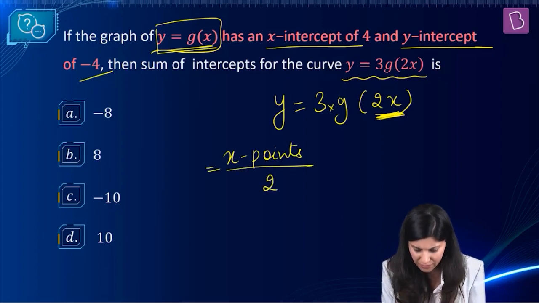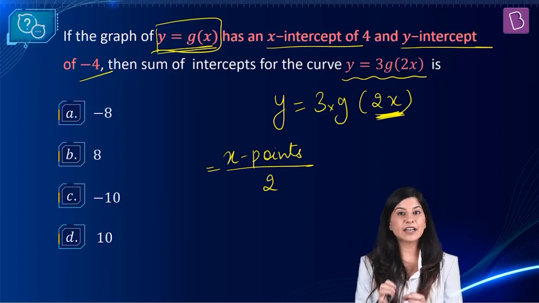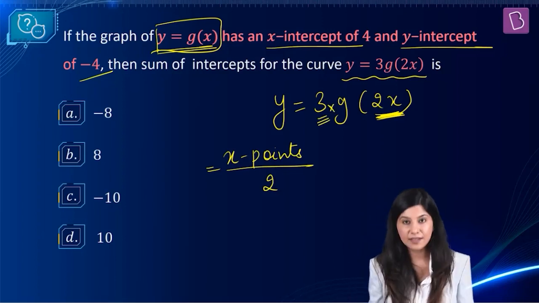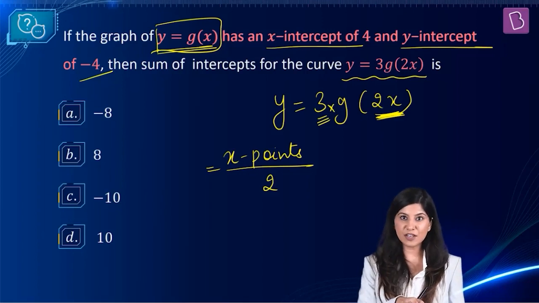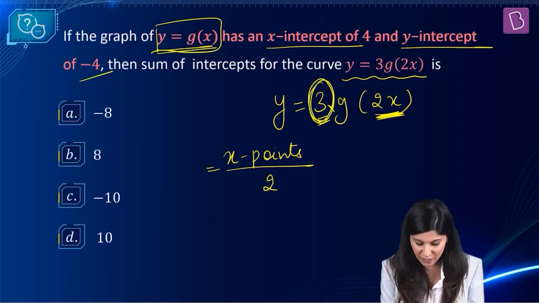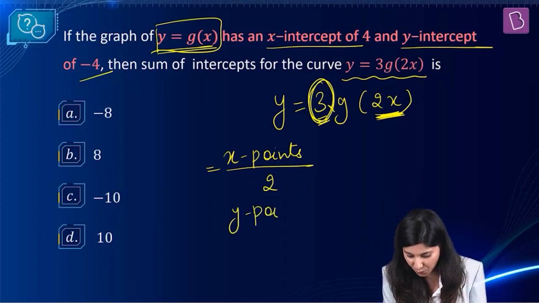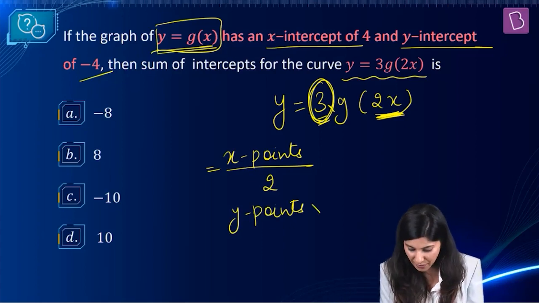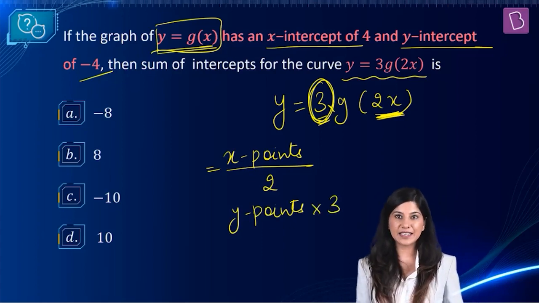Yes, all the x points will get divided by 2. Similarly, if you talk about this 3, which is in multiplication with the function, so this particular 3 will make a change in graph for y coordinate. So all the y coordinate or y points will get multiplied with 3, right?